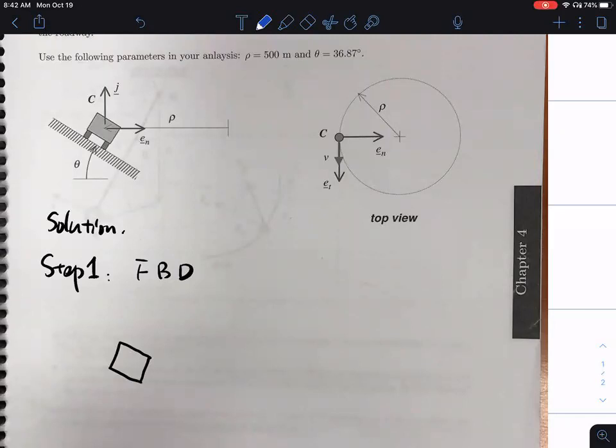Three forces. What's the first one you have there? Weight force is going down. What's another force? Normal force from the road, so that is perpendicular to the surface. That's N. What's another force you have? A force dragging you towards the center. What is that force?